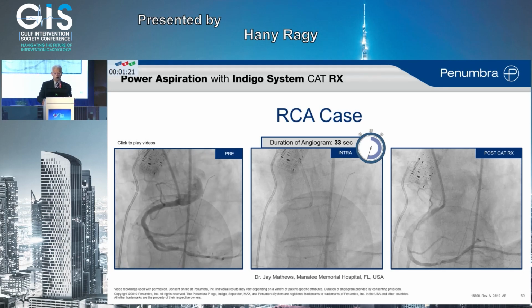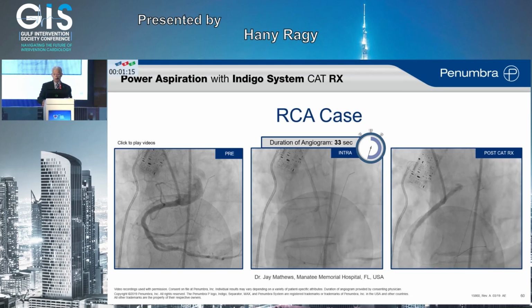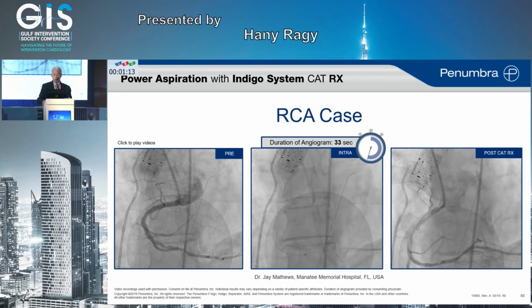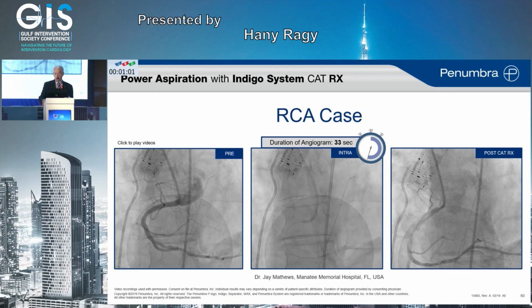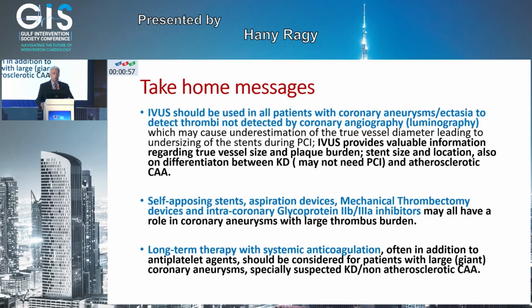I didn't put one of our cases, but we have a few. I just put one which was provided by the industry showing how the CAT works, and I'm sure most of you have used it. Manual thrombectomy does not work very well in those ectatic aneurysms because whatever you get out, the amount of thrombi is too huge, but mechanical thrombectomy is decent.